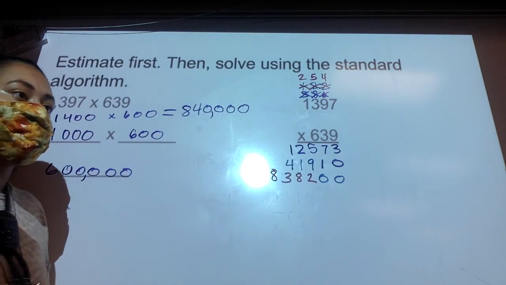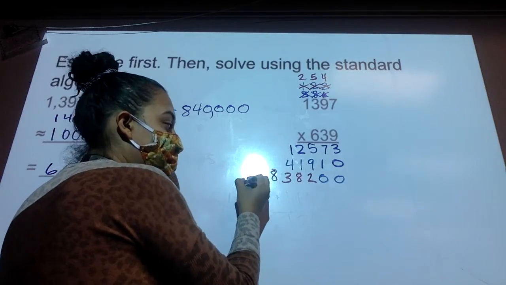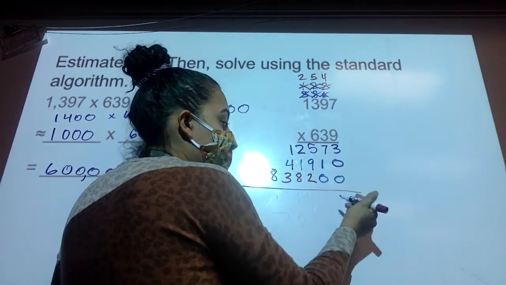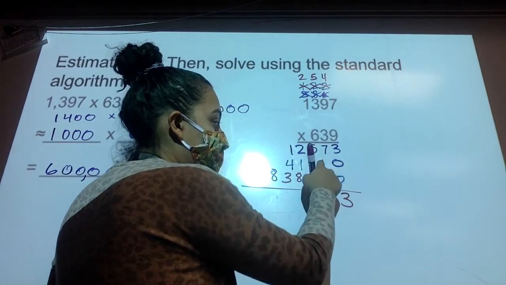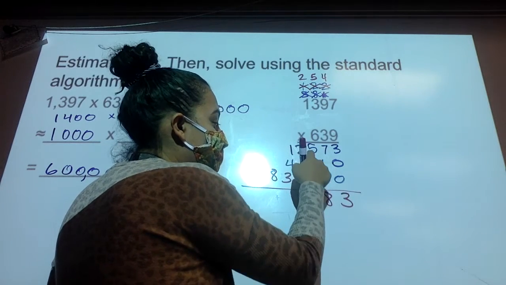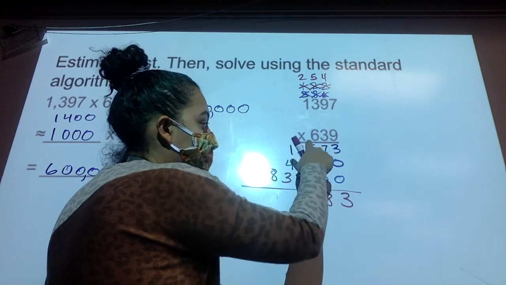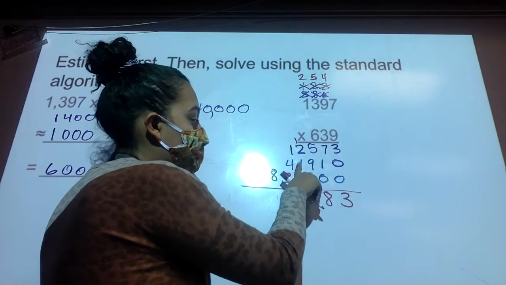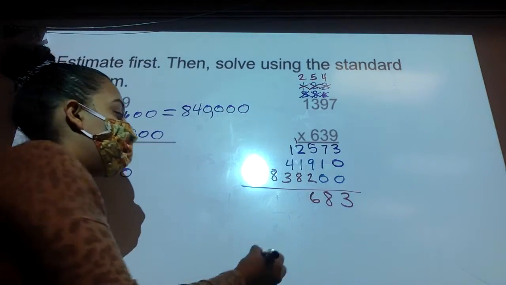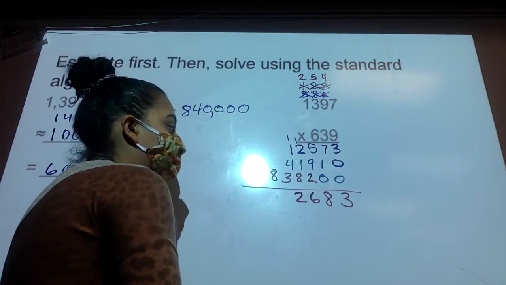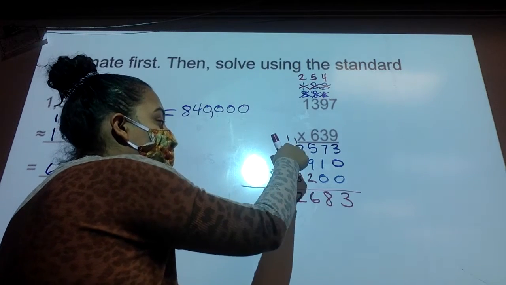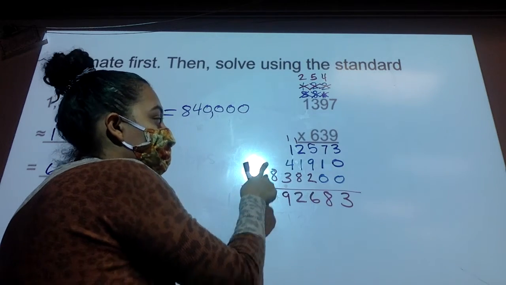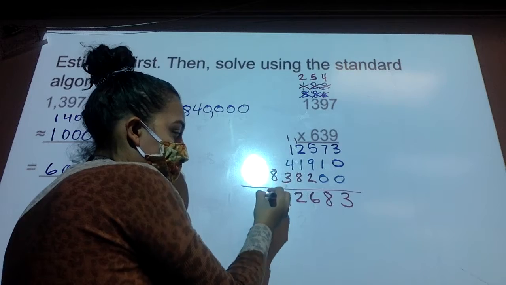Okay, what's our last step? To add it all together. Okay, 3 plus 0 plus 0, 3. 7 plus 1 plus 0, 8. 5 plus 9 plus 2, 16. 16, carry the 1. 1 plus 2 plus 1 plus 8 is 12, carry the 1. 1 plus 1 plus 4 plus 3 is 9. 0 plus 8, 8.